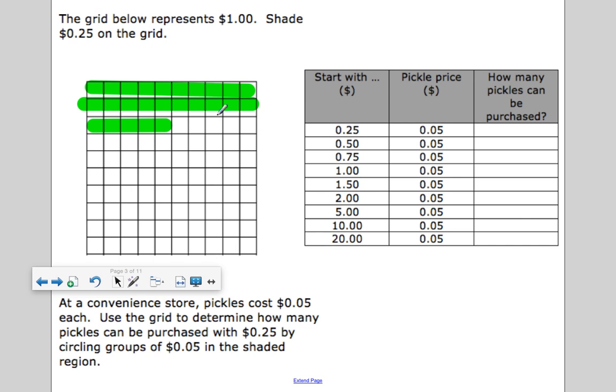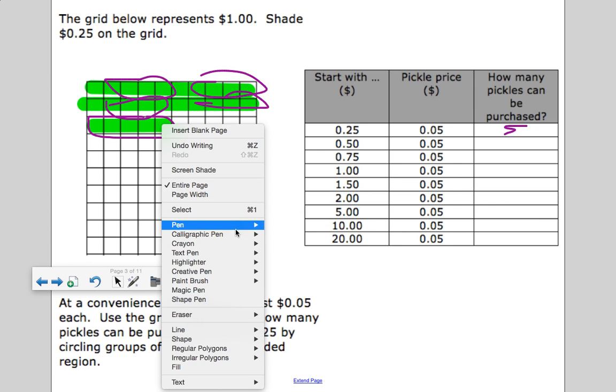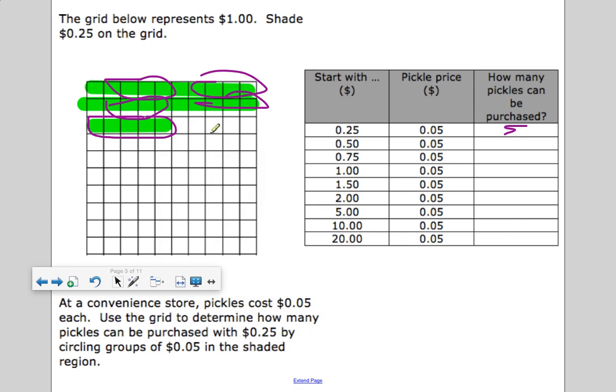So if I have 25 cents, how many 5s do you have here? 1, 2, 3, 4, and 5. What if I have 50 cents? Let's get my highlighter. Highlight 50 cents.